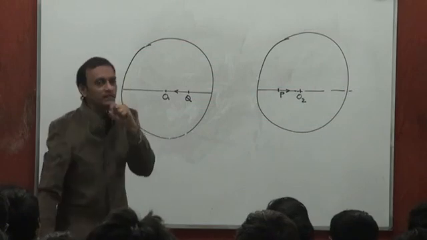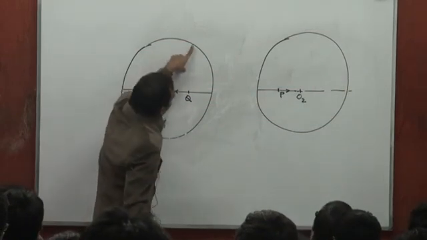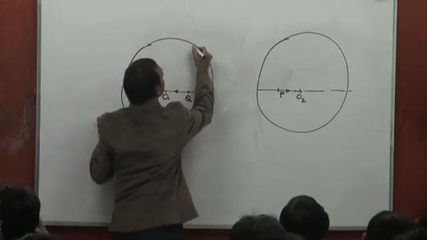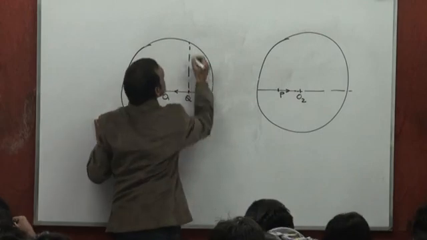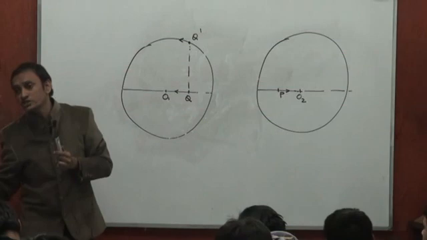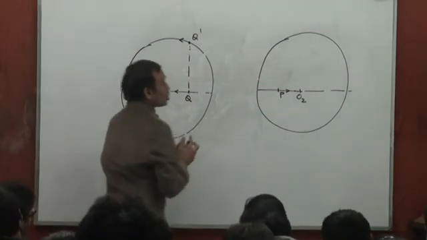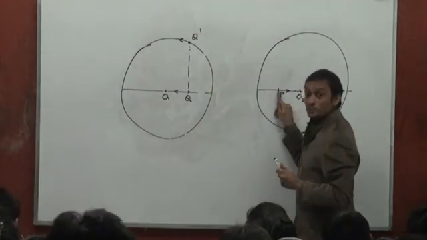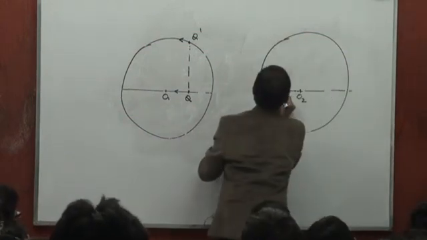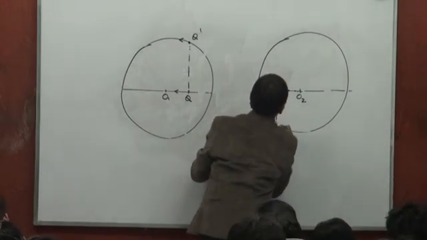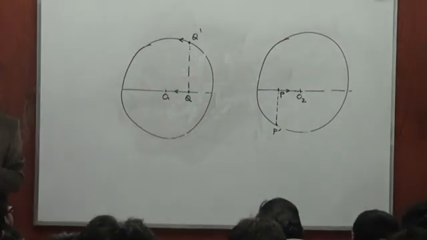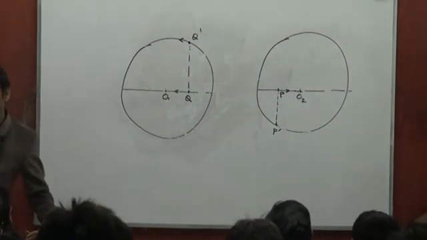But even before that, the corresponding point on the auxiliary circle for Q is this, say Q prime, moving in this direction with constant angular velocity omega. The corresponding point for P will be on the lower half. It's going to be P prime. These are their corresponding points on their respective auxiliary circles.